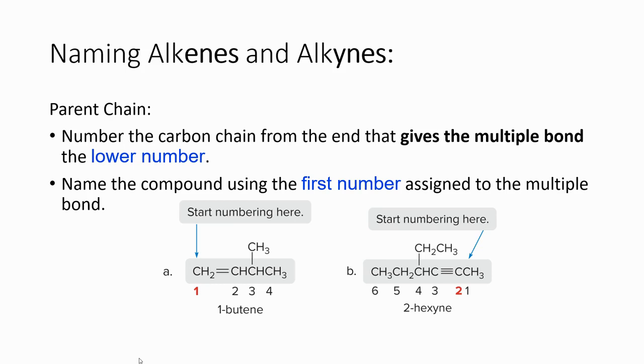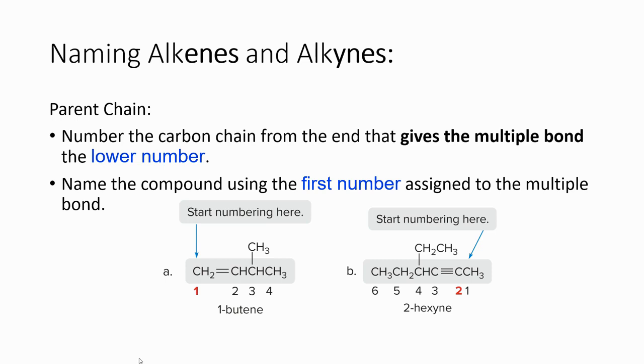So this one, we would number from this side, 1, 2, 3, 4, because the double bond is closer to this end. We could number the other way, and the branch would be at 2, but we are overriding that rule. We're going to reduce the number on the double or triple bond, the multiple bond.